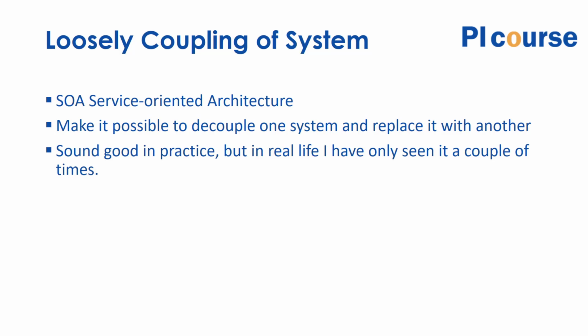So it's a loosely coupled system, and back in 2004, the big thing people were talking about was service-oriented architecture, where you had a decoupling of systems. You would be able to say all our systems need to support a standard customer definition, a standard order definition, a standard whatever definition.